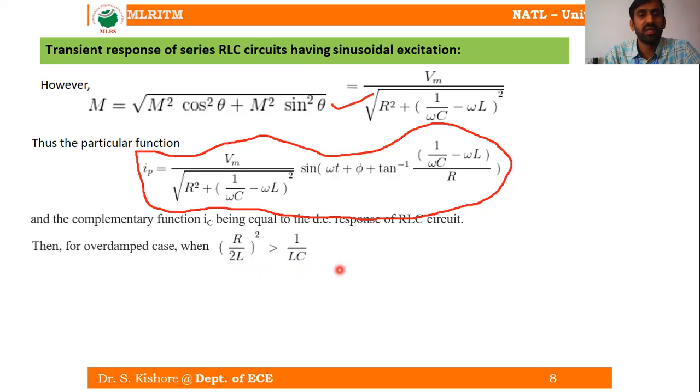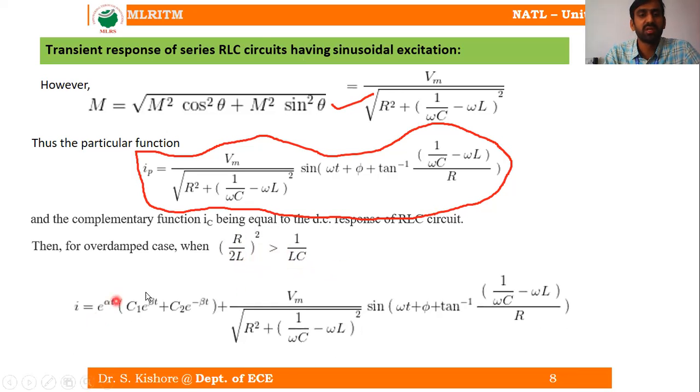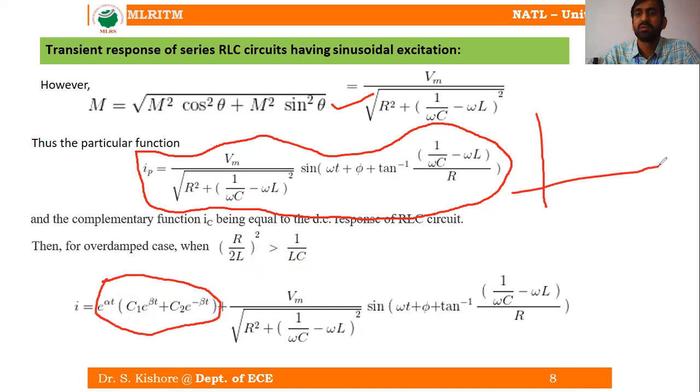So for this, we already got the equation. This is the complementary function for the overdamped condition, right? What is the response for the overdamped condition? It is going to take more time to reach the steady state.